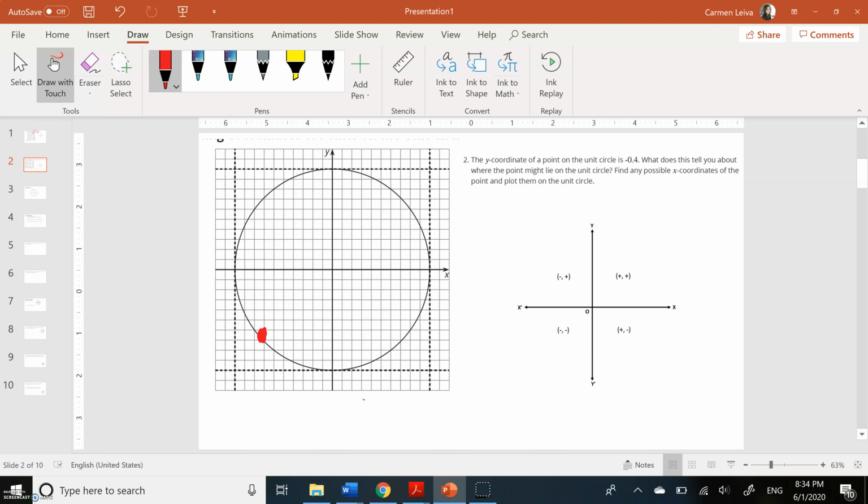That could be a point there. I can call that point C. And then I can plot another point somewhere where the y is negative. That could be somewhere in there, and I could call that point D. So that's all they were asking you for this unit.